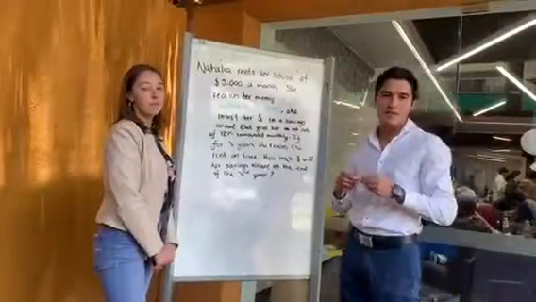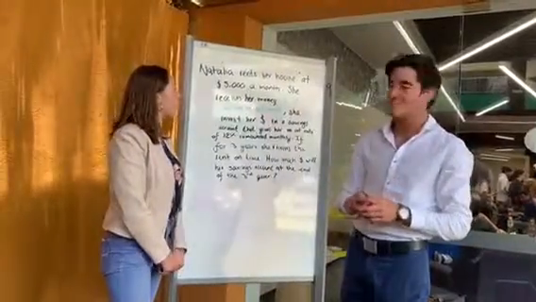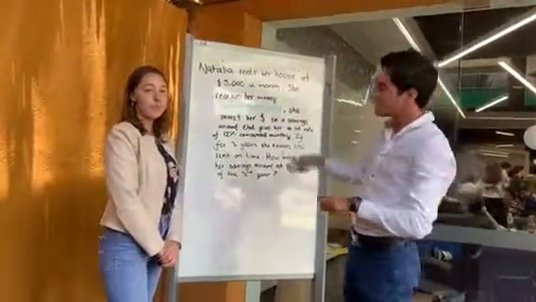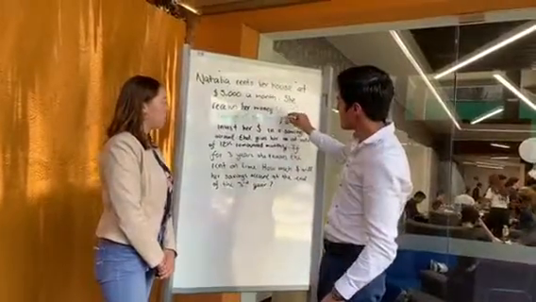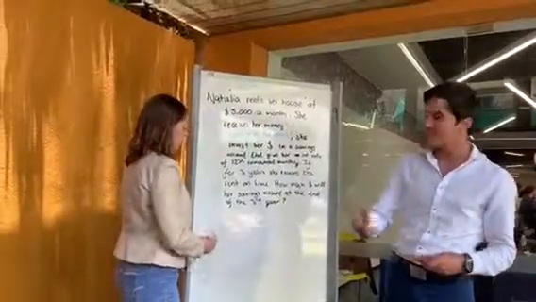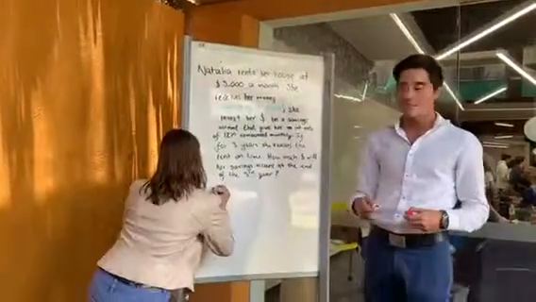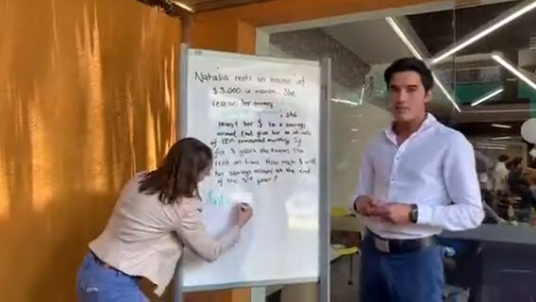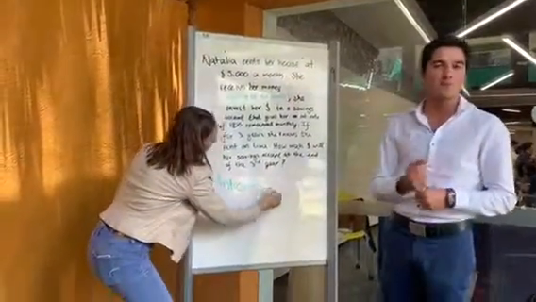So the first thing we have to do to analyze this problem is know what type of annuity it is. In this case, we have the phrase at the beginning of the month, which lets us conclude that this is an anticipated annuity. Then we have to analyze what variables they give you.